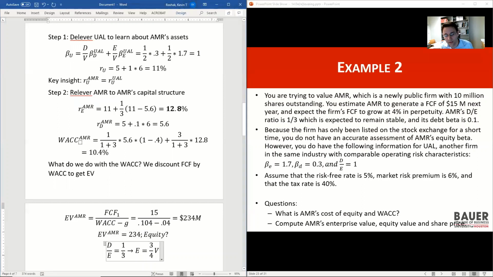If there are 4 total parts for the full firm, 3 parts of those are in equity. So we can take 3/4 of the enterprise value to get the value of equity. We know that the total value of debt and equity is 234. So 3/4 of that goes to the equity holders. That means that all the equity is worth about $175 million.